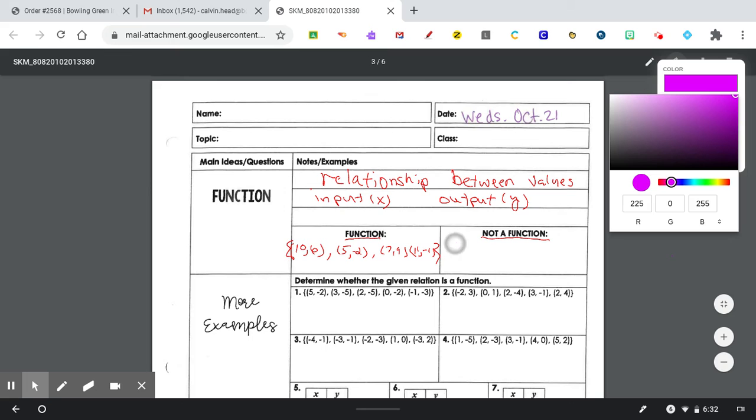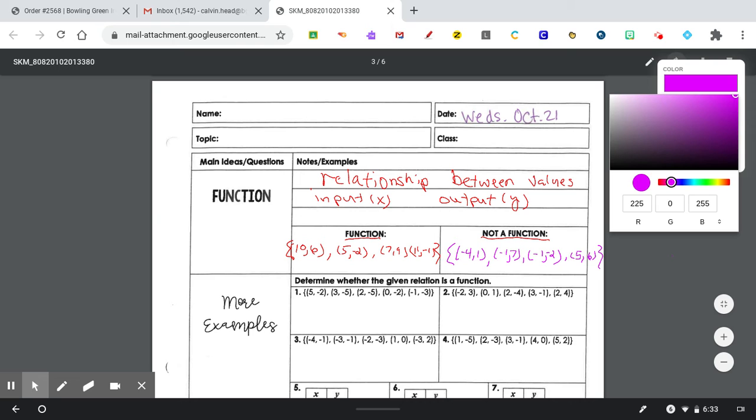This set of numbers is not a function. So now the question is why?